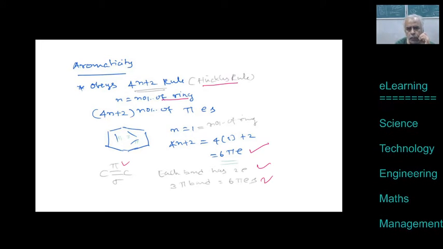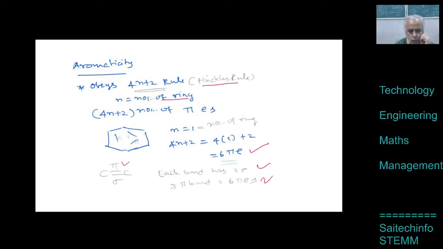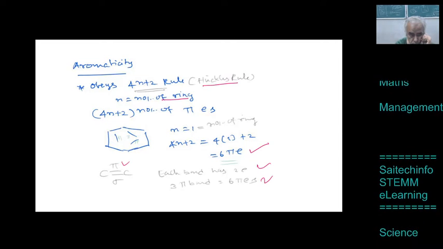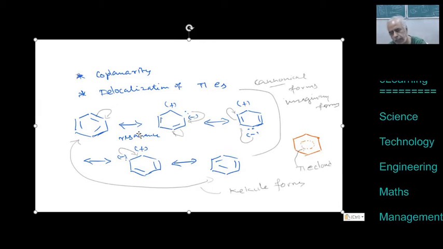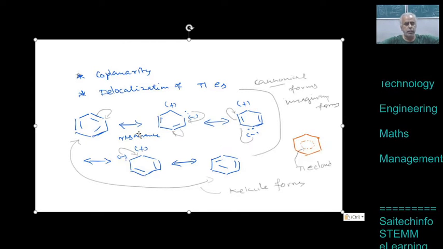And the second rule for aromaticity is, have you noted down? Yes, sir. Right. The second rule is coplanarity. Coplanarity means all bonds and atoms should lie in the same plane.